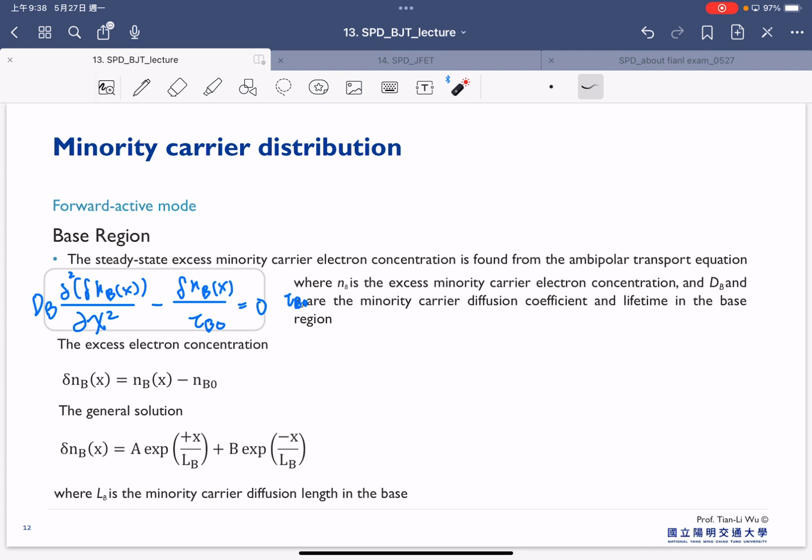Also, under the forward active bias, we start to have excess electron concentration in the base region, which can be expressed as shown here. Therefore the general solution for this equation is the sum of two exponentials, where LB is the minority carrier diffusion length in the base.